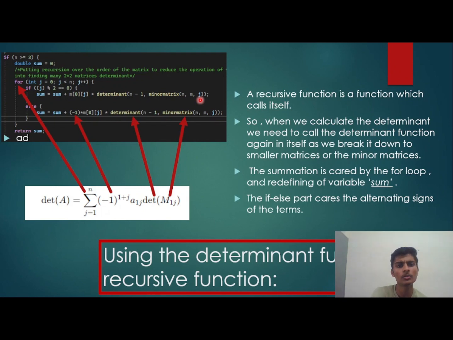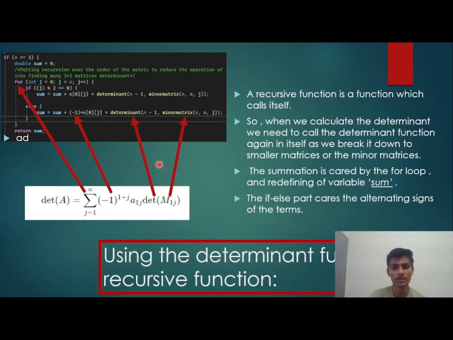We will need to define that minor matrix, but first let's understand what's written here: the summation is carried by the for loop, and the variable sum is continuously getting redefined.